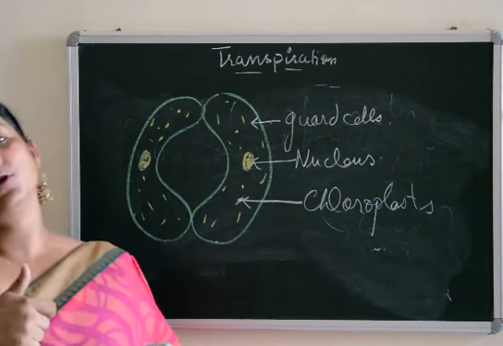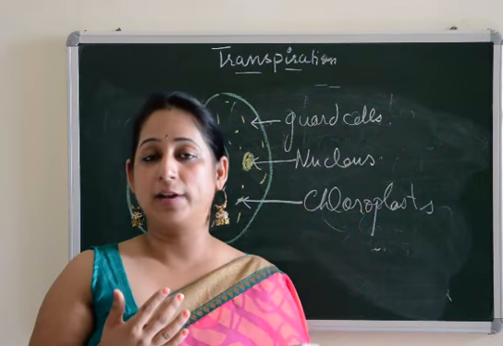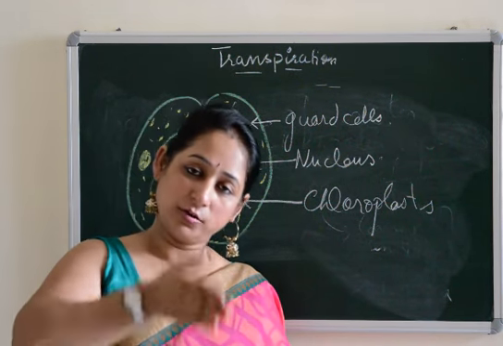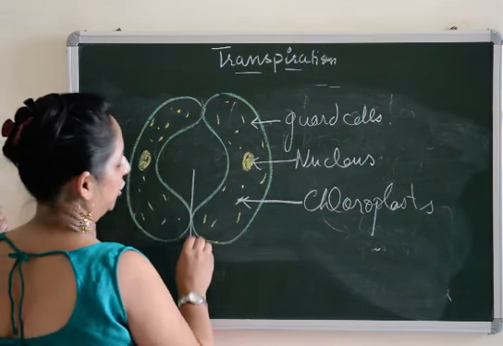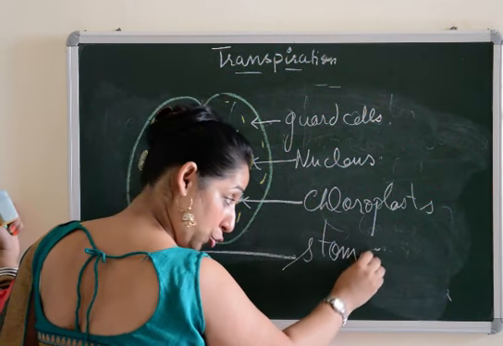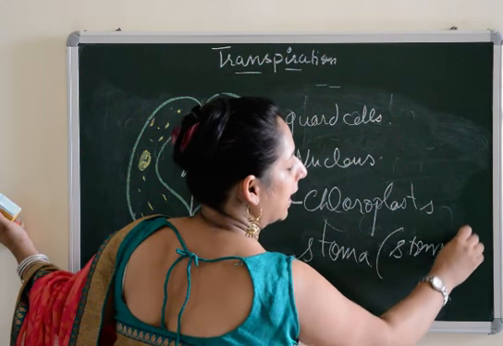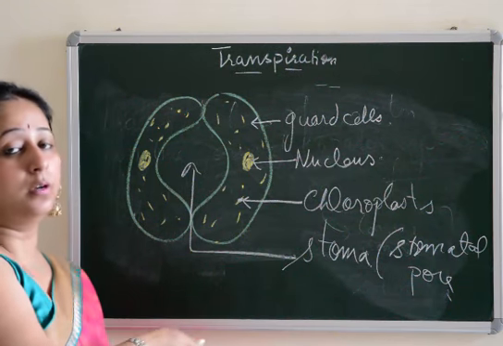One is the process of transpiration and the second one is the process of exchange of gases. We are not talking about exchange of gases here, we will talk only about transpiration. So this opening through which the exchange of gases takes place is known as stoma, or it is also known as stomatal pore. Okay, you can write any of the terms, they are correct.